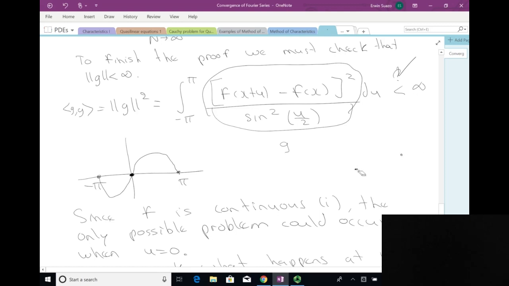The only problem was, what if it's not continuous? If you have a division by 0.